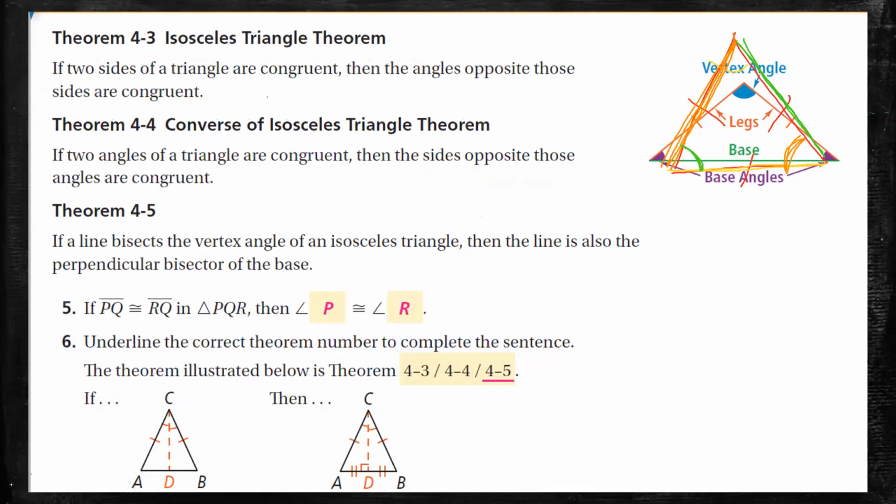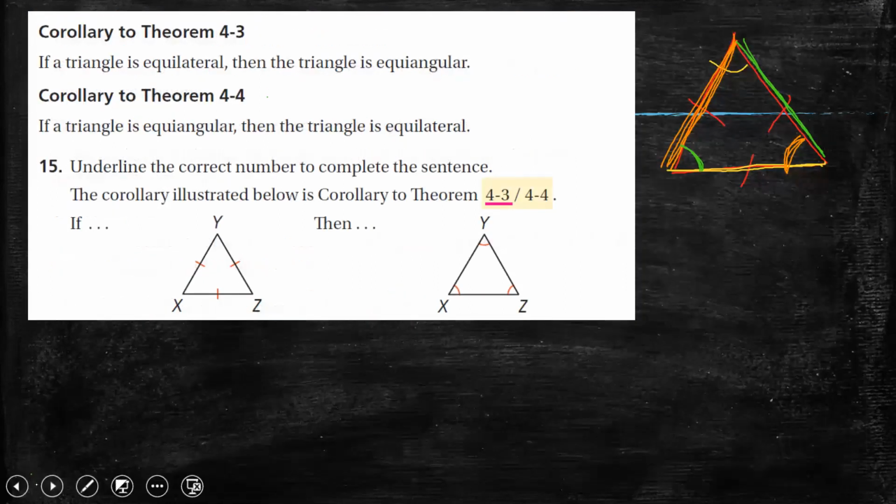It's the same as theorems 4-3 and 4-4, where I'm talking about the isosceles triangle. If two sides are congruent, the two angles will be congruent. Or if two angles are congruent, the two sides will be congruent. This is for an isosceles. For the equilateral, it's a result of it.